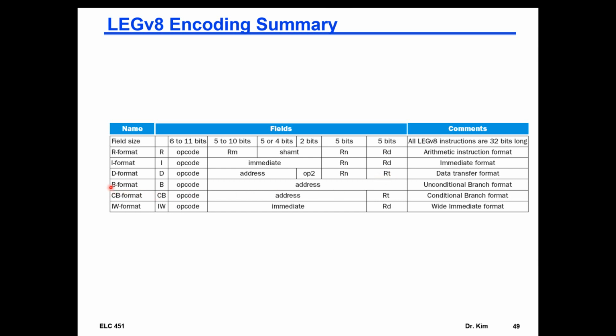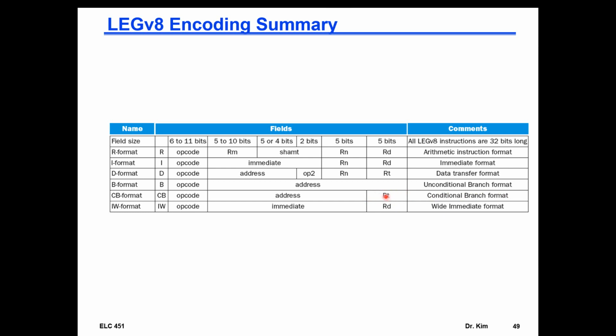We have the B format, that's for unconditional branch format, which is just the opcode and the address that you're going to branch to. Then we have the conditional branch format, which has the register that is going to be tested for the condition.